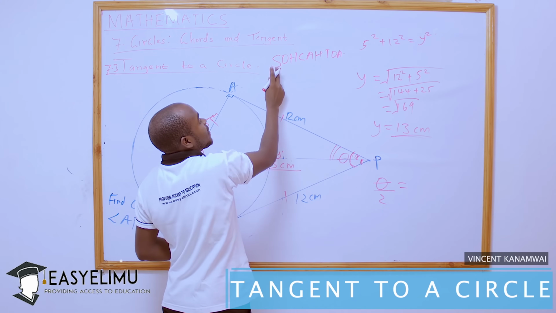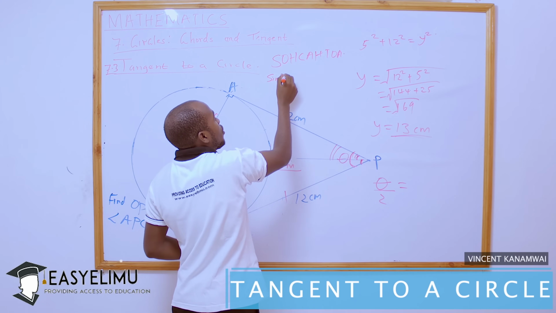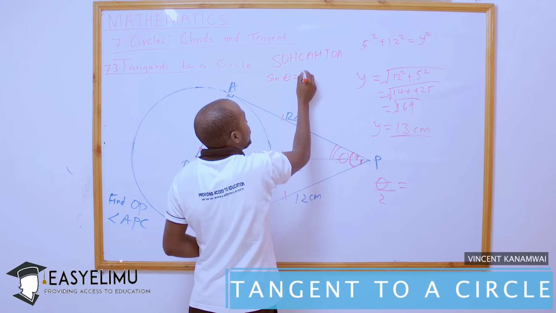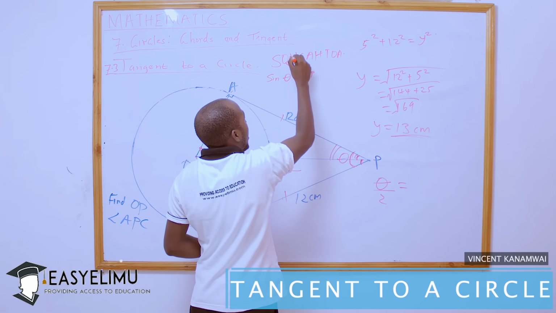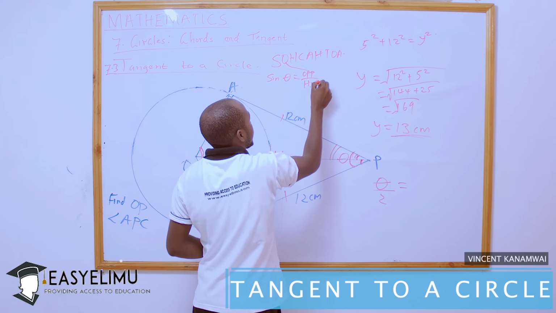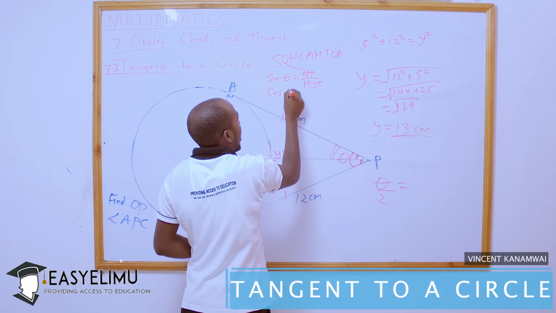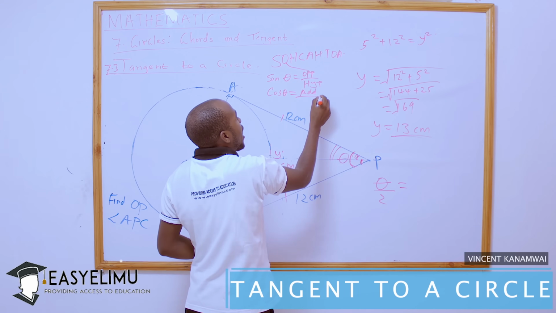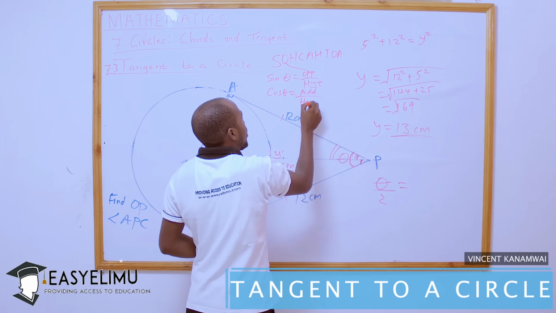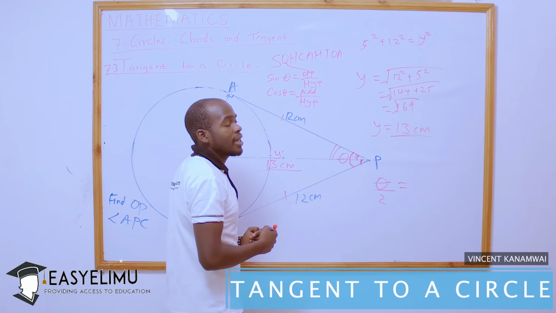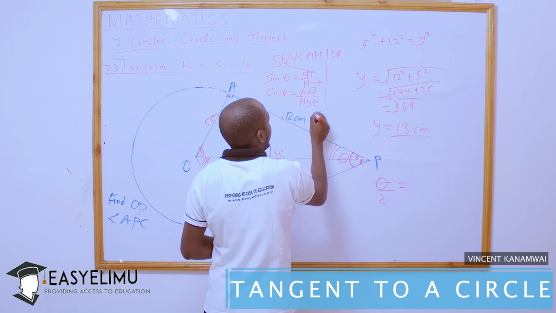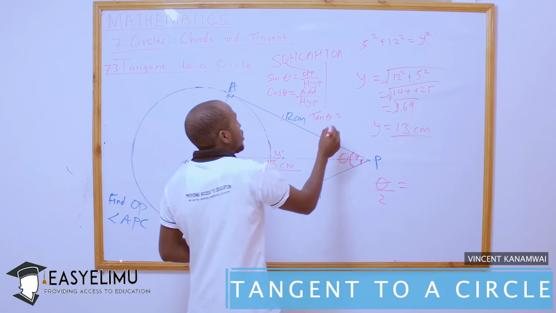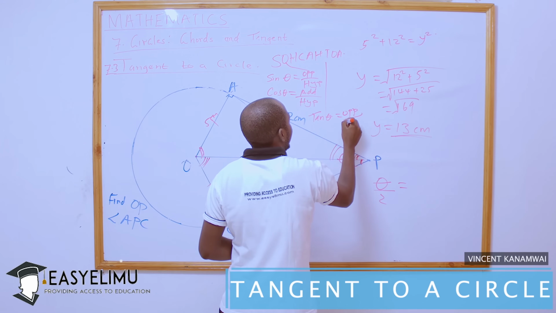If we want the sine of a given angle theta, it is the opposite over the hypotenuse. The cosine of the angle is the adjacent divided by the hypotenuse. The same applies to tangent: the tangent of the angle is opposite over adjacent.